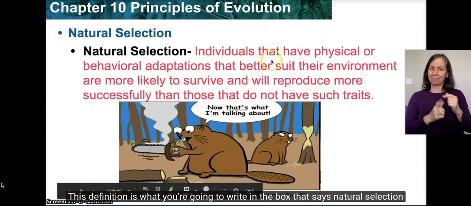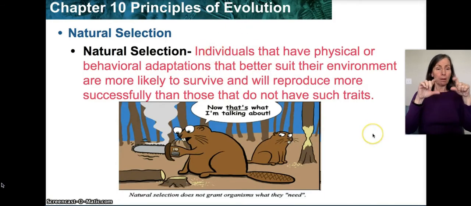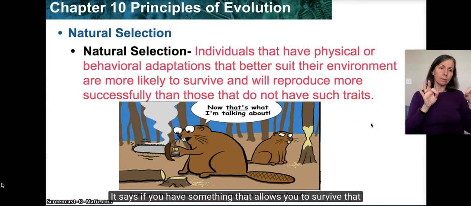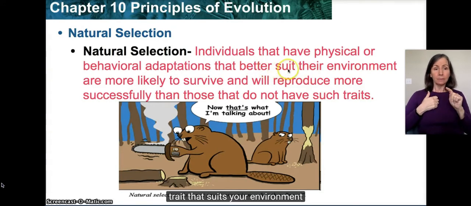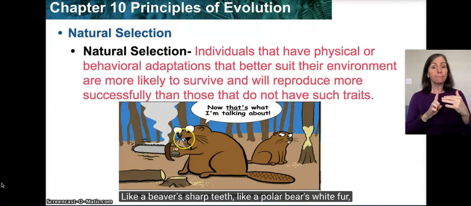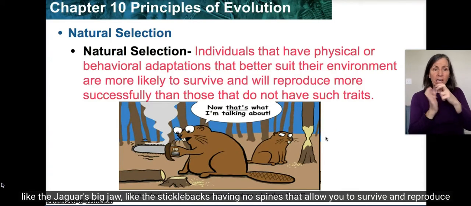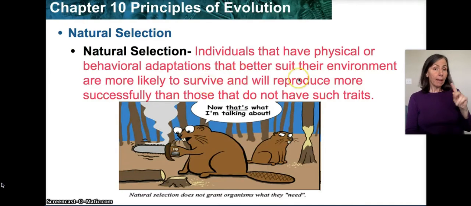This definition is what you're going to write in the box that says natural selection. This is the long one sentence. It says if you have something that allows you to survive, a trait that suits your environment, like a beaver's sharp teeth, like a polar bear's white fur, like the jaguar's big jaw, like the stickleback having no spines, that allow you to survive and reproduce better.